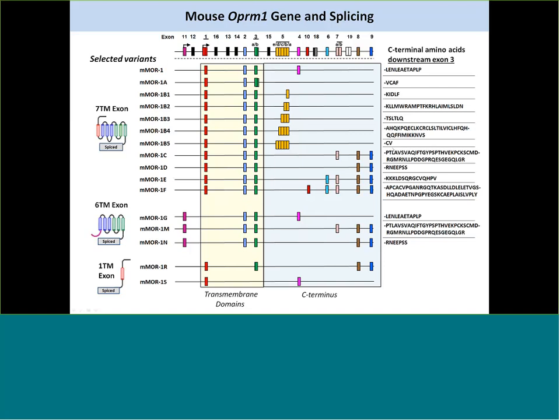It's also quite notable that they vary enormously in terms of their length. So, for example, MOR1B5 only has 2 amino acids, whereas MOR1F has 58. You can see a similar pattern of 3' splicing within the 6-TM variants, but notice that these don't have exon 1 and therefore lack the first transmembrane domain.